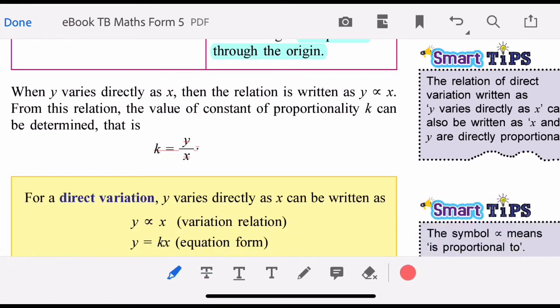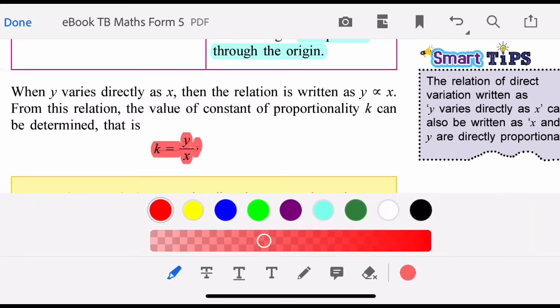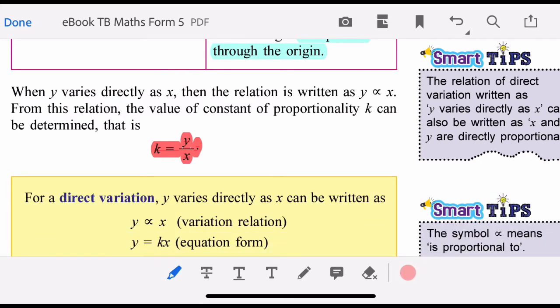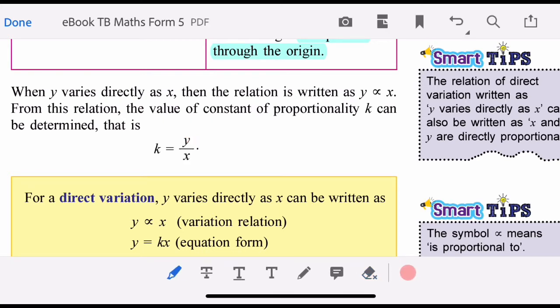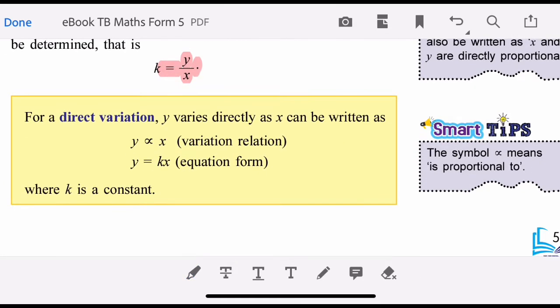If y varies directly as x, the relation is written as y varies directly as x. From the relation, the constant of proportionality k can be determined, that is k is y over x.